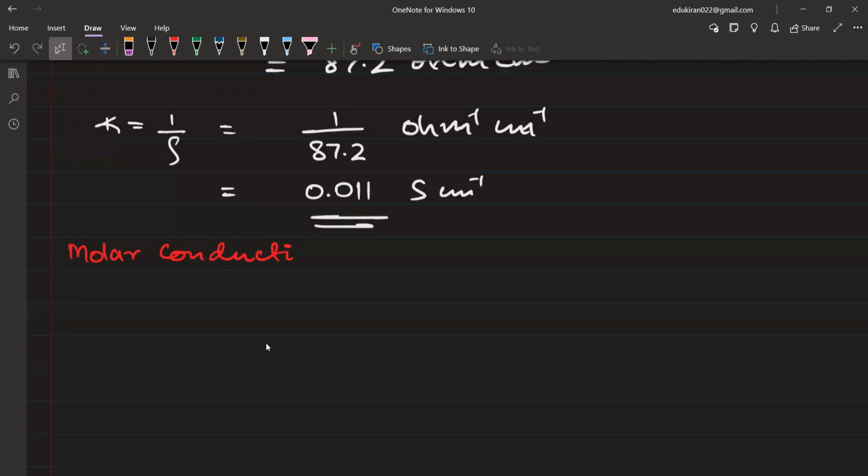Right, next, molar conductivity. Molar conductivity, it is also known as molar conductance. It is represented by either lambda m, the lowercase lambda, or by the uppercase lambda. Okay.